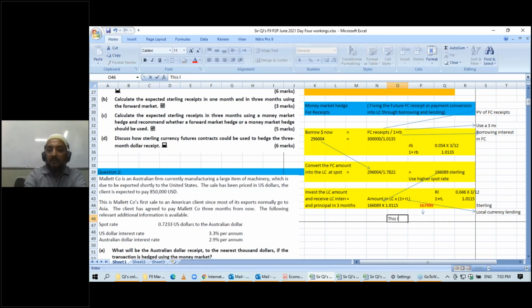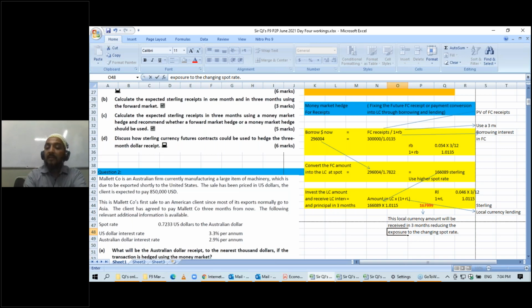So this local currency amount will be received in 3 months time, reducing the exposure to the changing spot rate. So now you know in advance what you are going to receive in 3 months time.